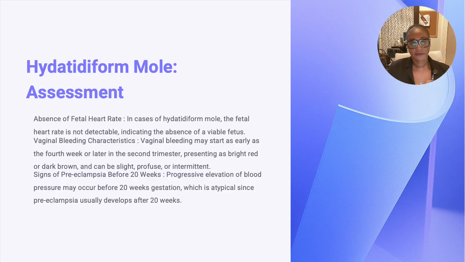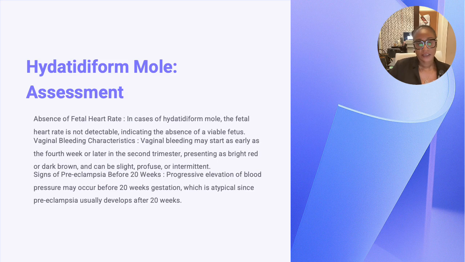You might see some signs of preeclampsia, such as progressive blood pressure elevation before the 20th week of gestation. It's important to also note that preeclampsia usually occurs after 20 weeks of pregnancy, so typically in the 3rd trimester.